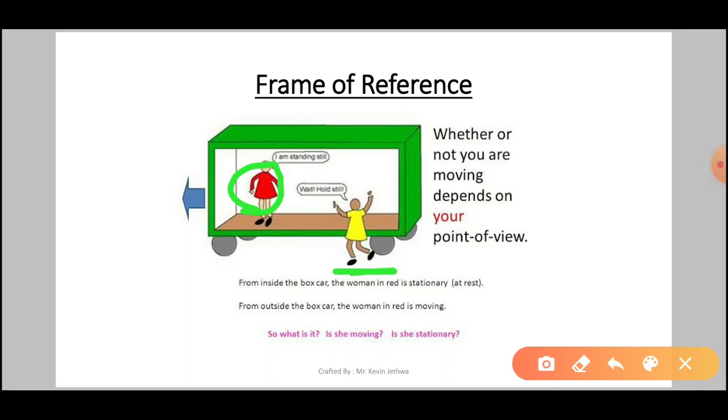But the person standing on the platform will observe that the train is moving, and along with that the person sitting inside the train is also moving. So from the observer's frame of reference, we will describe the motion of an object. So frame of reference is basically the point of view of an observer.